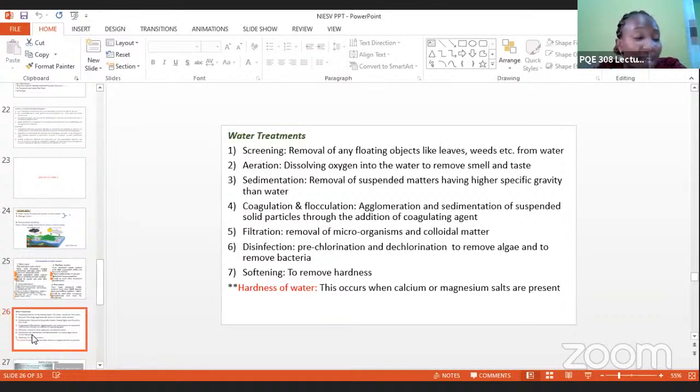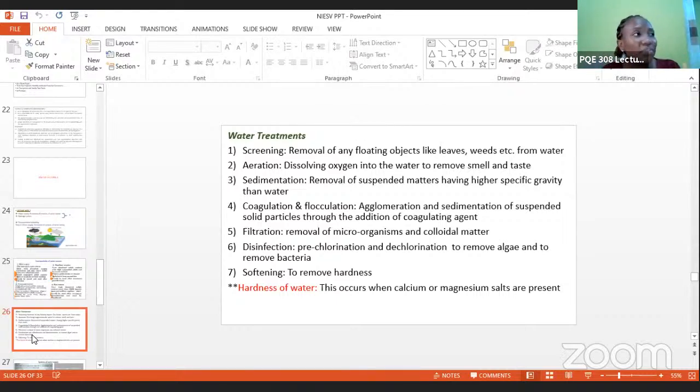And what is the effect of this hardness of water? If you have a kettle, and you use that kettle to boil water, some kettles, when you pour the water away and look inside, you are going to see some sediments as a result of using it to boil hard water over time. You are going to see scale. Those are the effects of hardness of water.